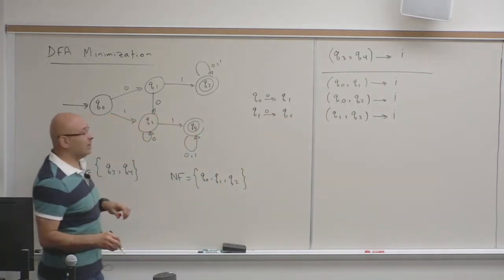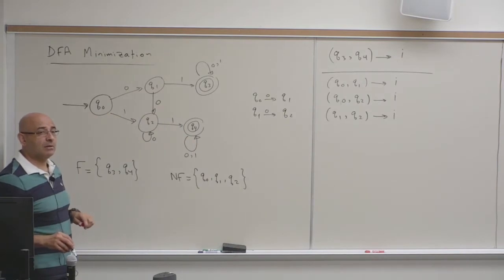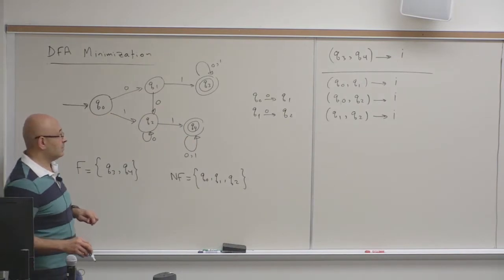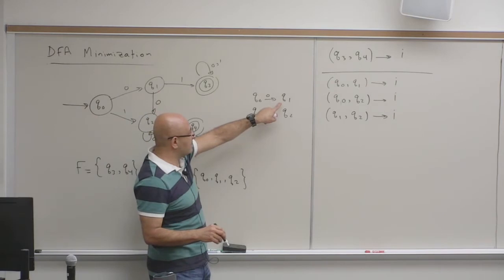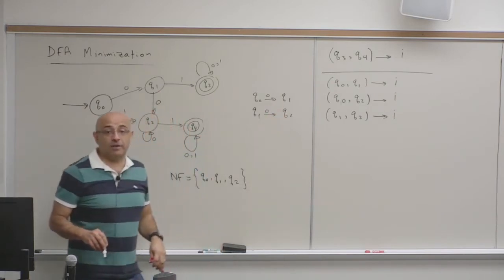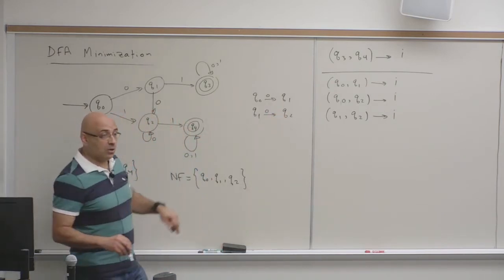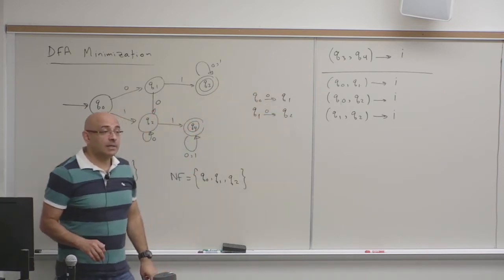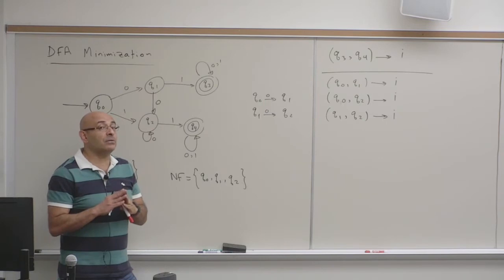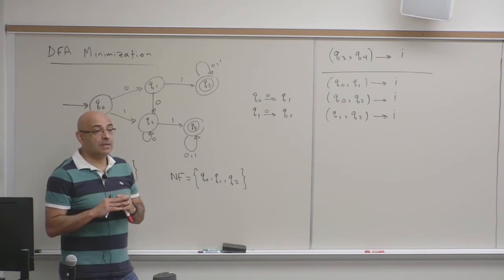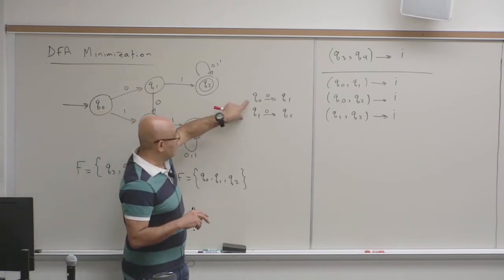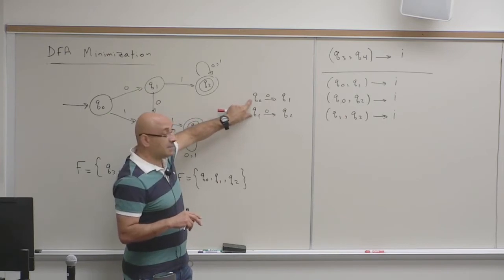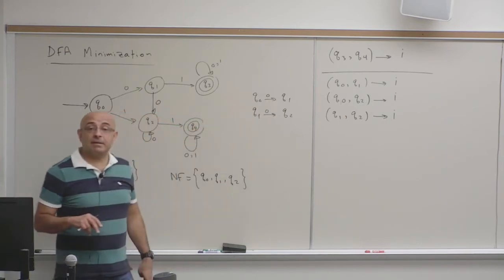Is this distinguishable or indistinguishable? Indistinguishable. Because at this point, the algorithm sees Q1 and Q2 as equivalent states. So the algorithm doesn't know that Q1 and Q2 are different. It considers them at this point to be equivalent, indistinguishable. So given this, Q0 and Q1 are still the same.